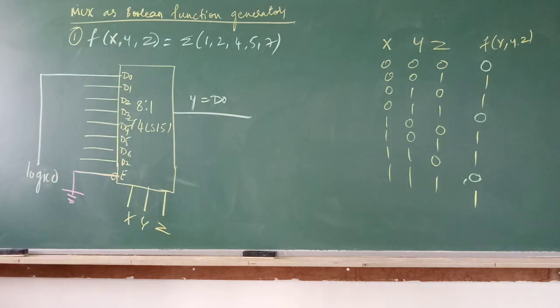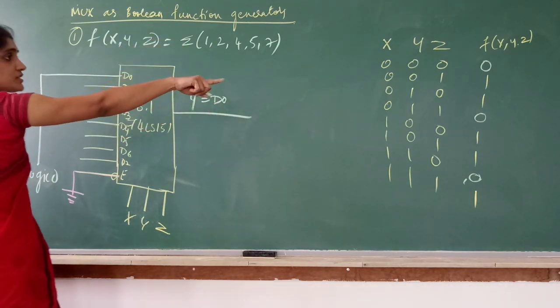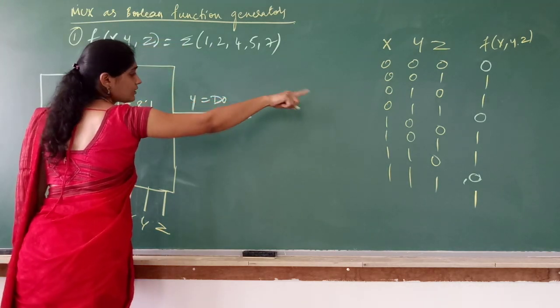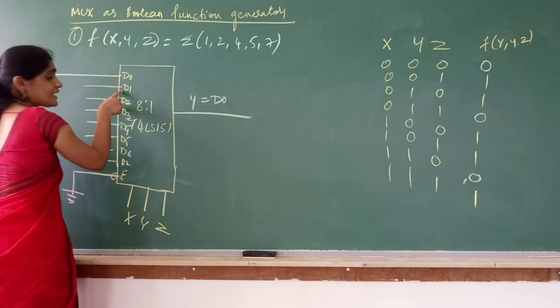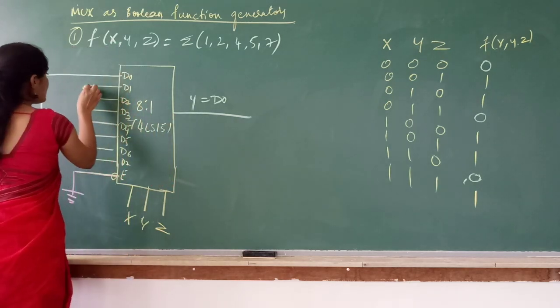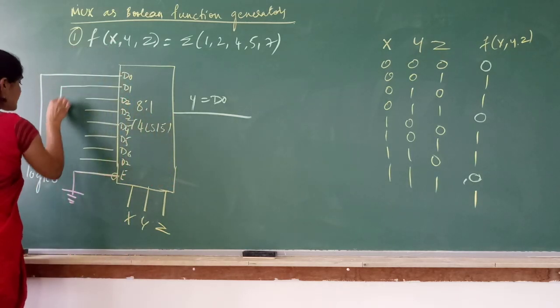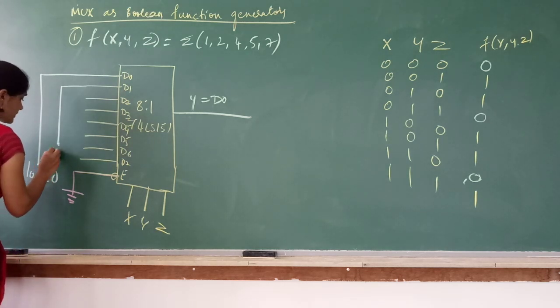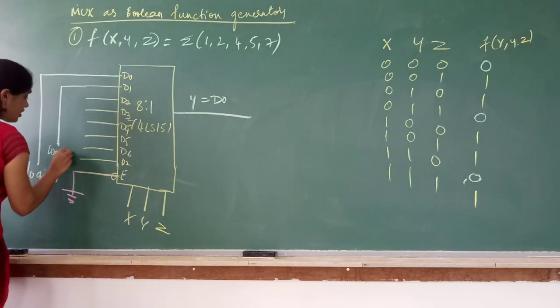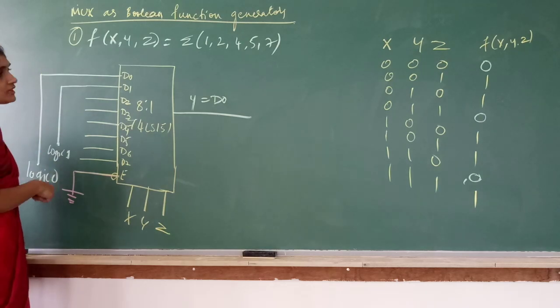Can you see? Correct. Now 0, 0, 1. What is the output? 1. Which is selected? D1. So connect D1 to logic 1, or connect this to VCC.